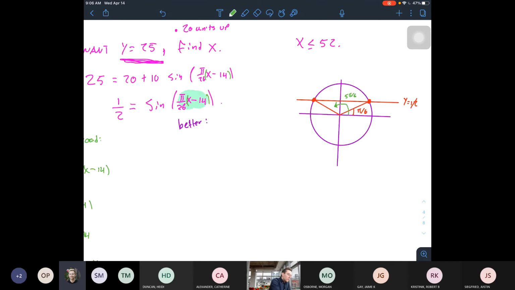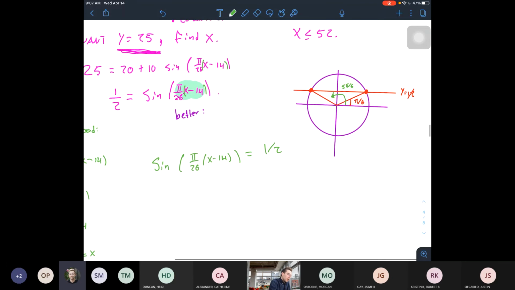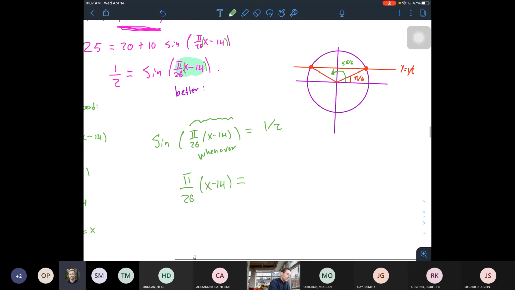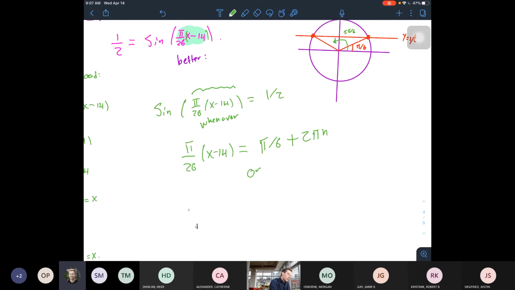So sine of pi over 26 times x minus 14 will be equal to 1/2 whenever the input of this function, pi over 26 times x minus 14, is equal to pi over 6 plus 2 pi n, or pi over 26 times x minus 14 is equal to 5 pi over 6 plus 2 pi n.